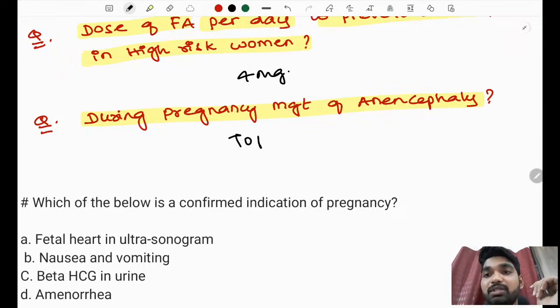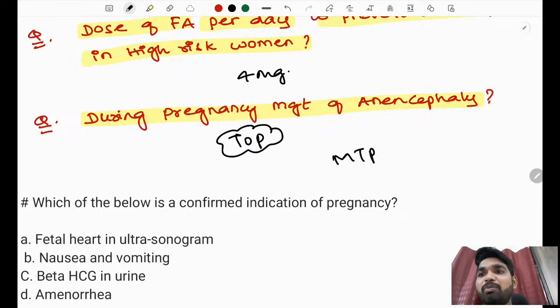As per the latest MTP, I think you are familiar with this. MTP amendment 2022 says for severe congenital anomalies there is no upper limit if the medical board permits. Whenever the woman is diagnosed with a fetus having anencephaly, you can terminate immediately.